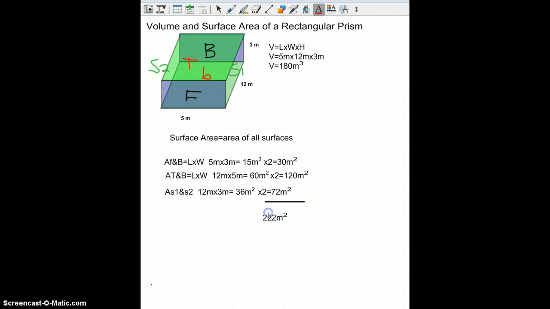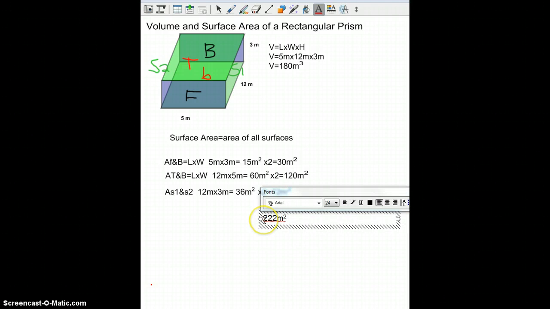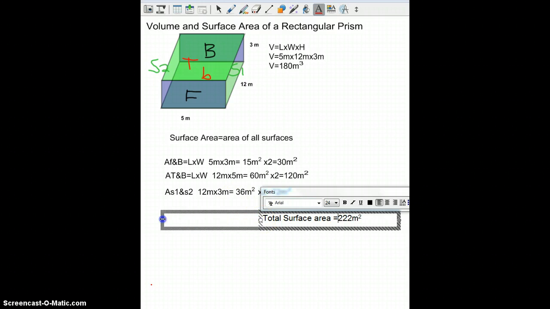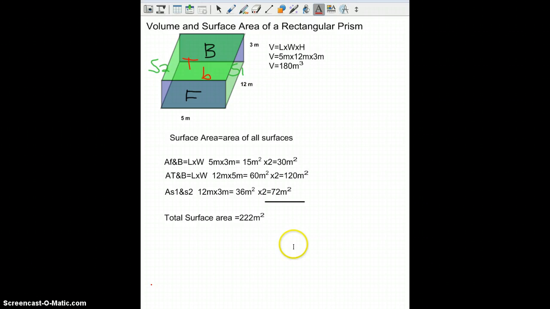So total surface area is equal to that, 222 meters squared, and that once again we come up with by adding the surface area on the top and the bottom, the front and the back, the side 1 and side 2, and adding them all together, and we get 222 meters squared.